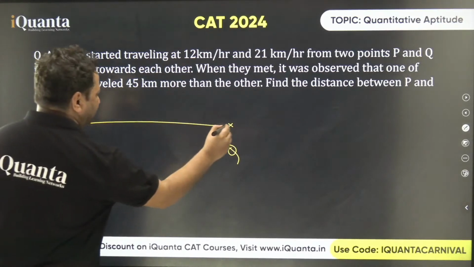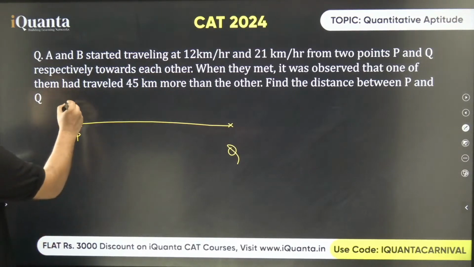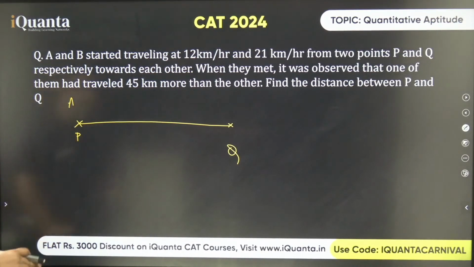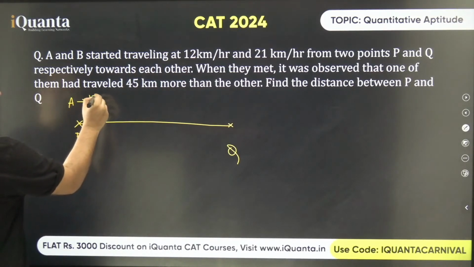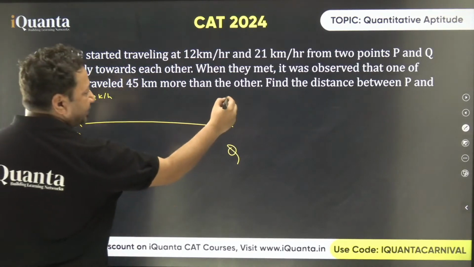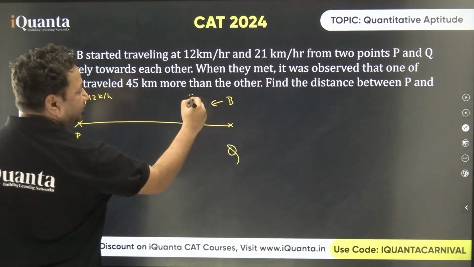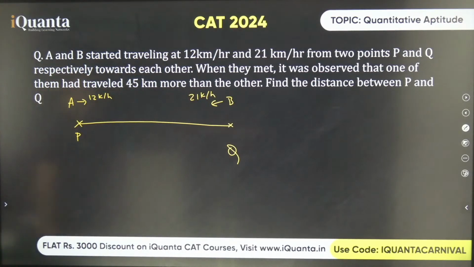This is the path. So point P and point Q, A is traveling from point P at a speed of how much? 12 kilometers per hour, and the other guy B, he is traveling at a speed of 21 kilometers per hour towards each other. When they met, they might be meeting at some point.